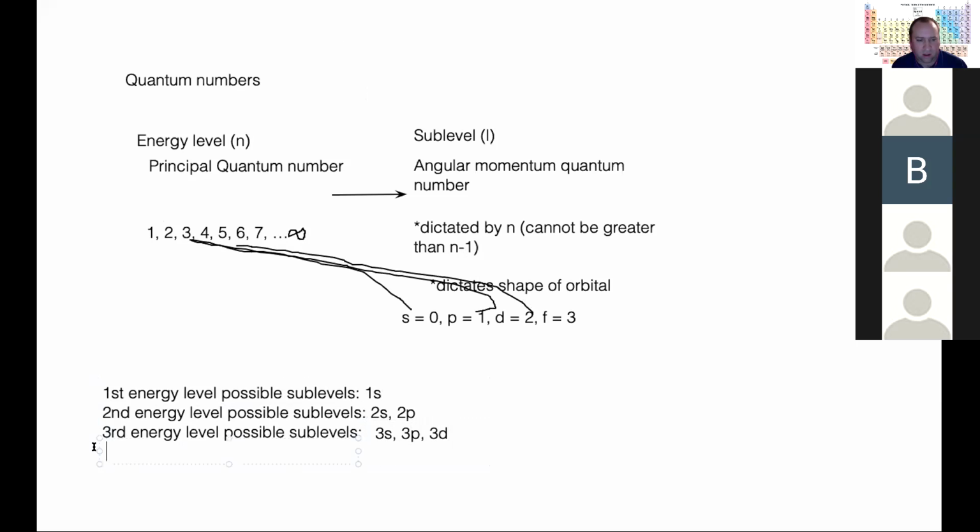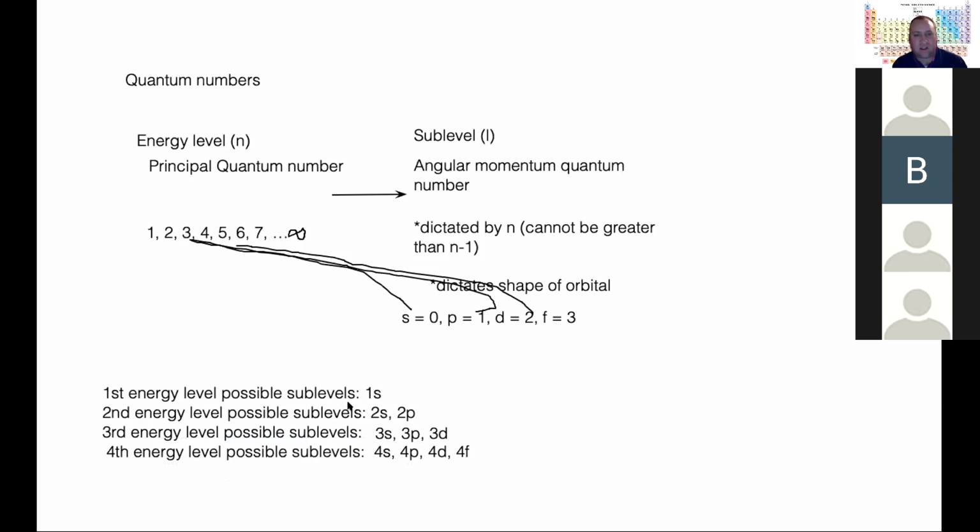In the fourth energy level, we can have the 4s, 4p, 4d, and 4f.